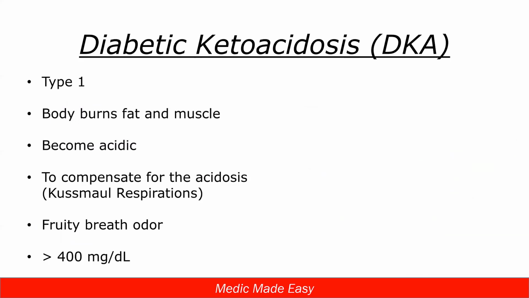And so one of them that can happen is the patient progresses to diabetic ketoacidosis, okay? Diabetic ketoacidosis, or DKA. It's the A that slides in there for it. DKA is more commonly going to show up in your type 1 diabetics. And there's going to be a different one that'll show up in our type 2 diabetics.